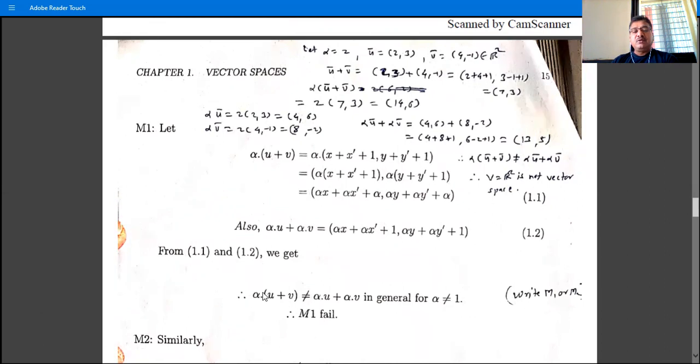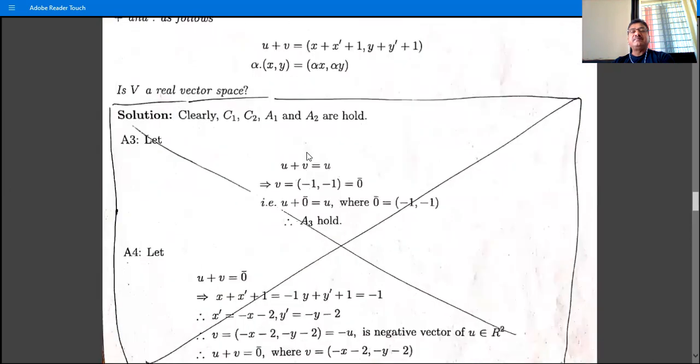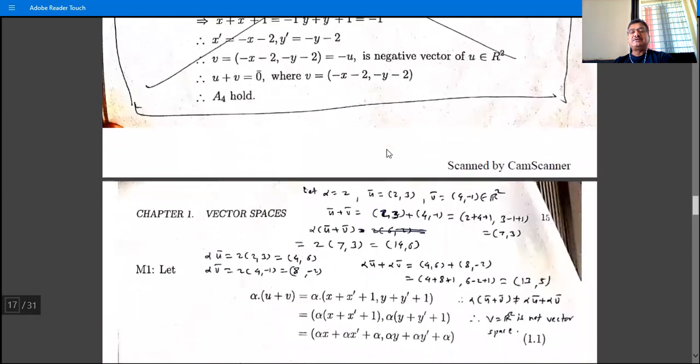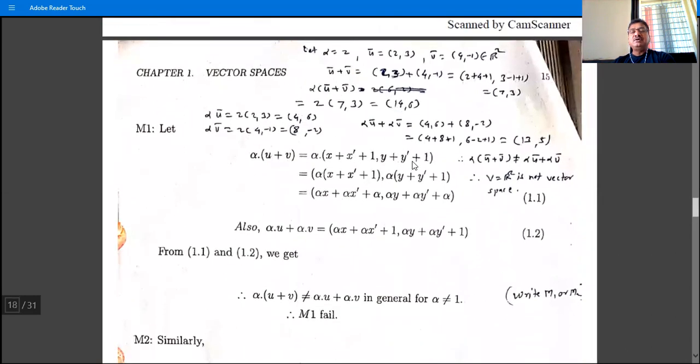The value of alpha (u bar plus v bar) is alpha times (x plus x' plus 1, y plus y' plus 1). This is by using the definition of u bar plus v bar, because addition is not the usual addition.